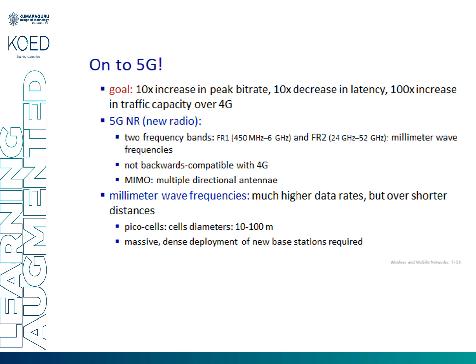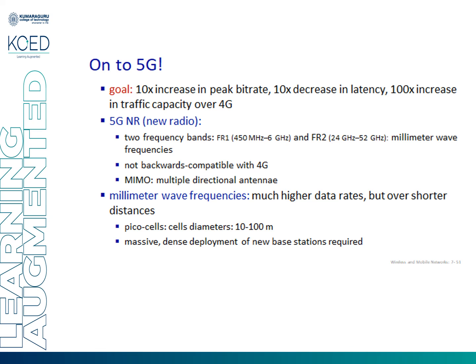As we had seen about 4G, let's also see how different 5G is. 5G supports new radio, while 4G supports software defined radio. Here in 5G it uses two different frequency bands, and one of them is millimeter wave frequency. Millimeter wave frequency operates within a very short range but provides very high data rate.